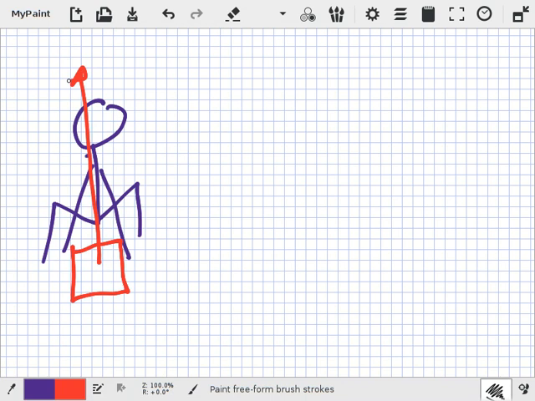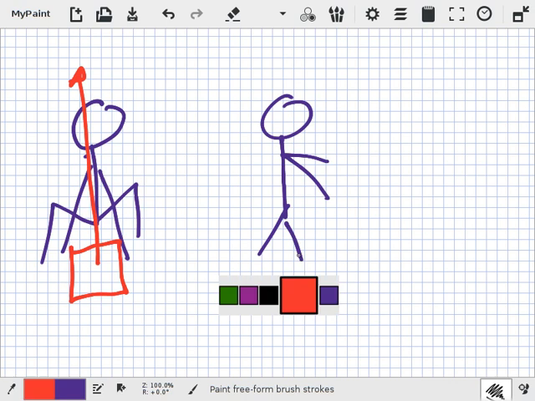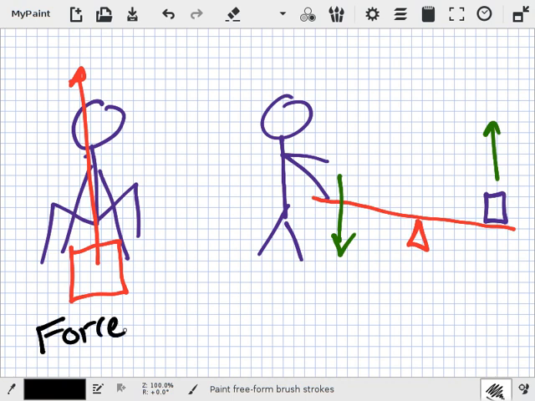Or he could do this. So you see what he could do. Oh, sorry. He could push down here to make this one move up. Now these ones are a little bit different. This one here is just normal force, okay?